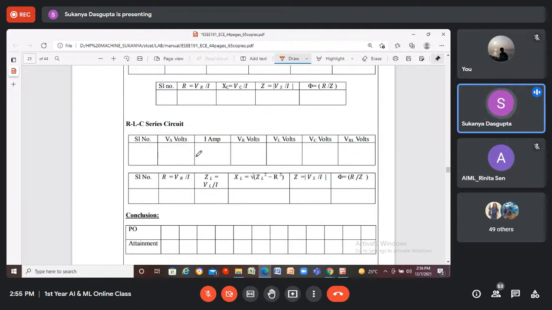And from these readings, you will calculate R as VR by I, ZL as VL by I, XL as under root ZL square minus R square, Z as VS by I, and cos phi as R by Z, because phi is cos inverse of R by Z.